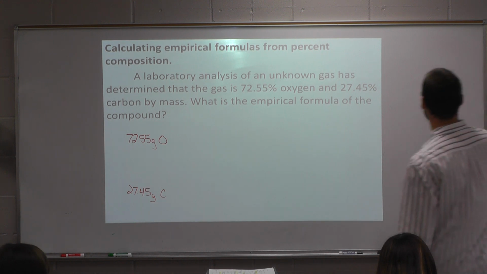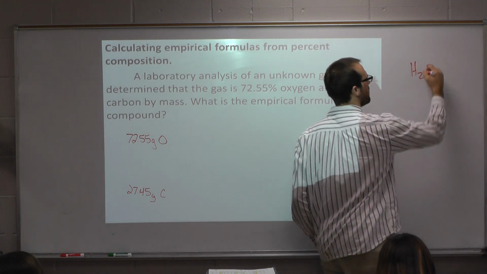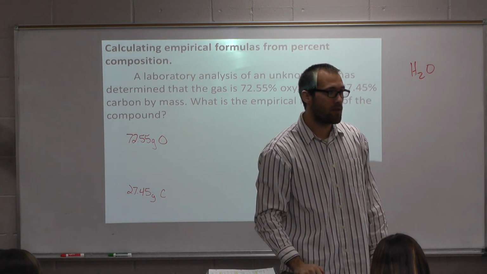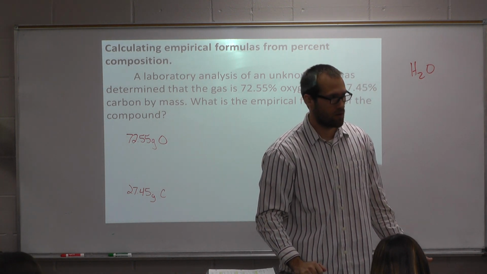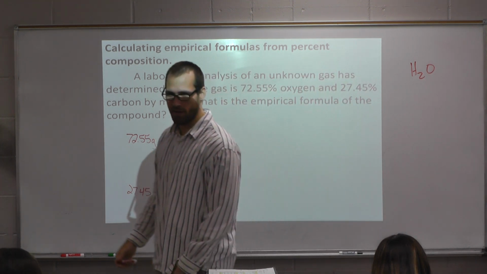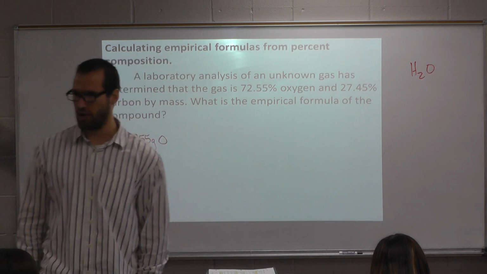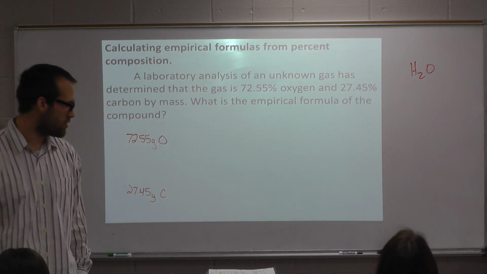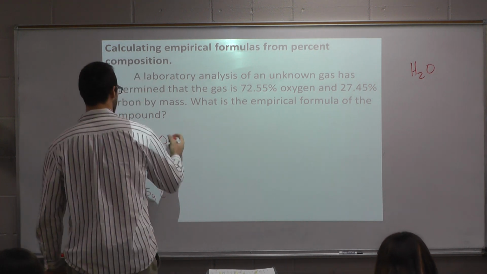Because if I have H2O, and I have 1 mole of H2O, how many moles of hydrogen do I have? 2. And how many moles of oxygen do I have? 1. So what do you think would probably be the most logical step to do here if we have grams? Convert to moles. Okay, do it.